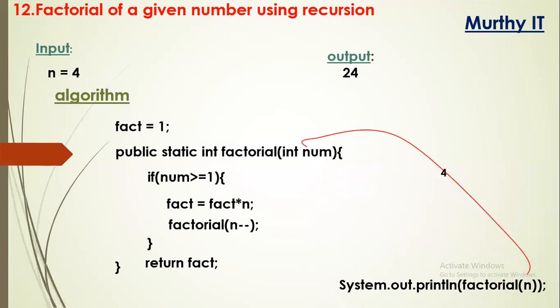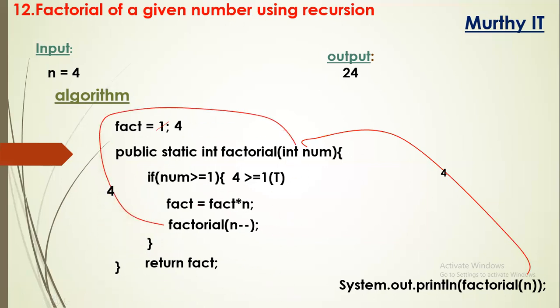So now see, I am calling this method by passing n equal to 4. Now the condition will check: is 4 greater than or equal to 1 or not? Yes, true. Then what will happen? fact equal to fact into n. What value is there in the fact variable? 1. 1 into 4, then the value 4 will be placed in the fact variable.